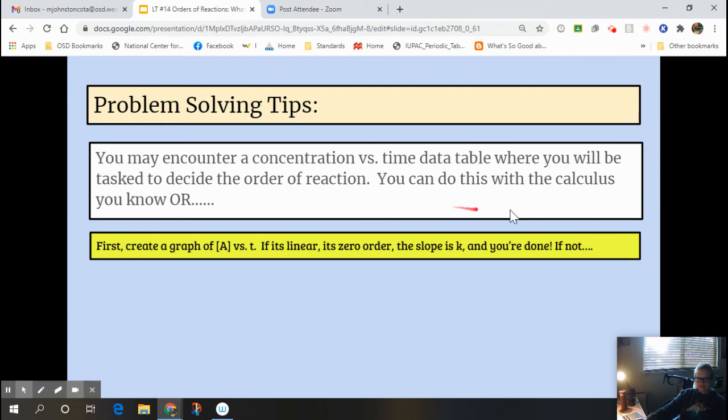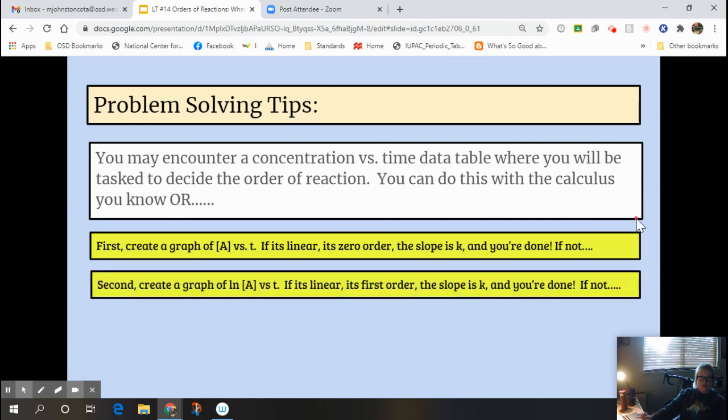If not, the next step is you make a graph of the natural log of the concentration of your reactant versus time. If that graph is linear, it's first order, and the slope is k, a negative value, and you're done.